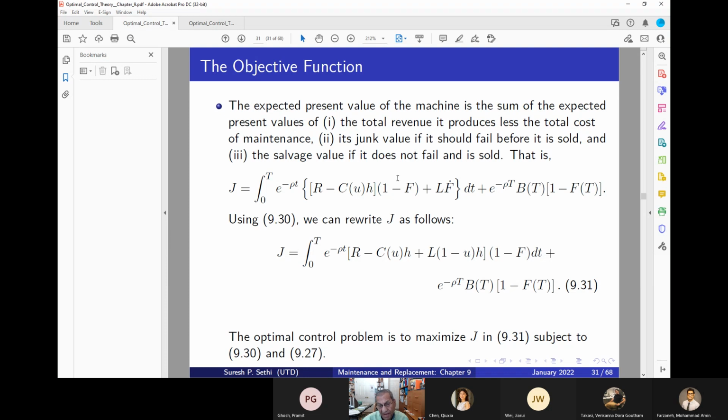We're integrating it by this probability. So that will automatically take care of the rate only up to the time when it fails, but the formulas allow us to compute everything all the way to capital T, just in case the machine did not fail before capital T. So there are a lot of things going on which are all in our head and not on the piece of paper where it's written.